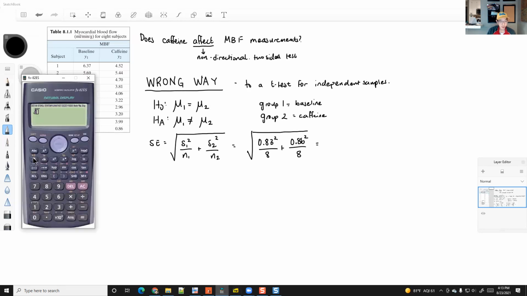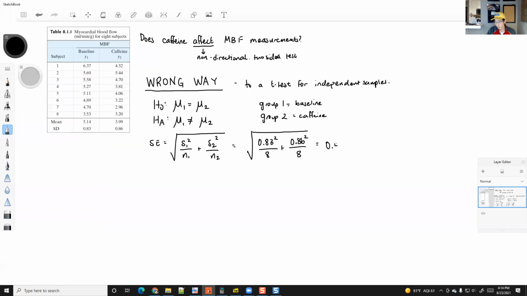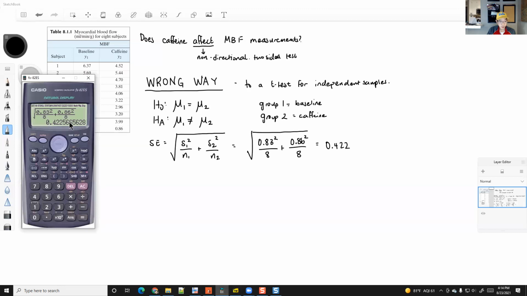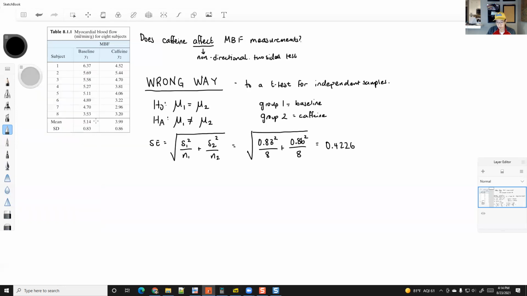But I'll go ahead and punch all of these numbers in. So we're going to square that. Or 226, so we'll round off to 4 decimal places here.